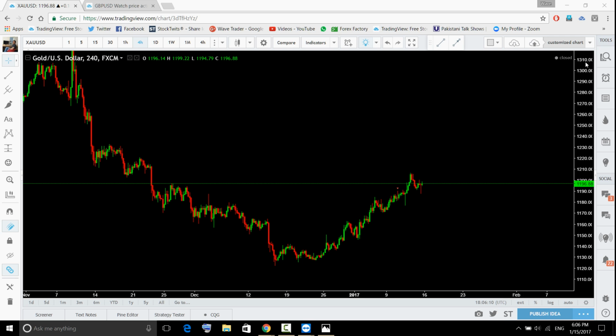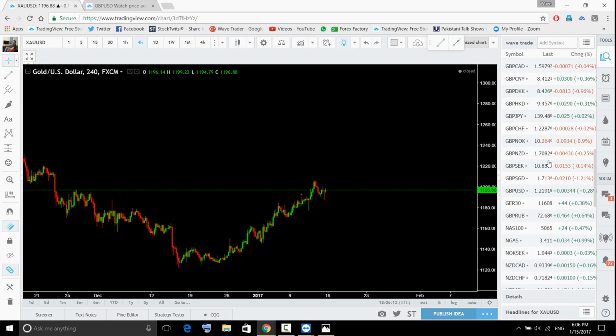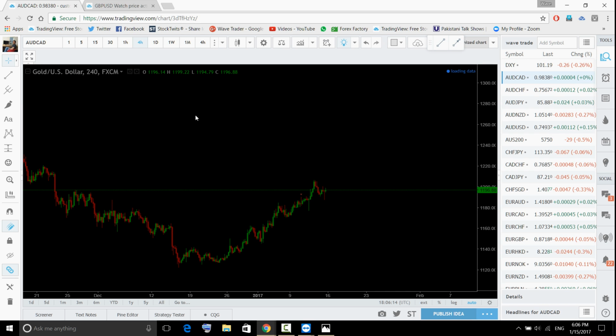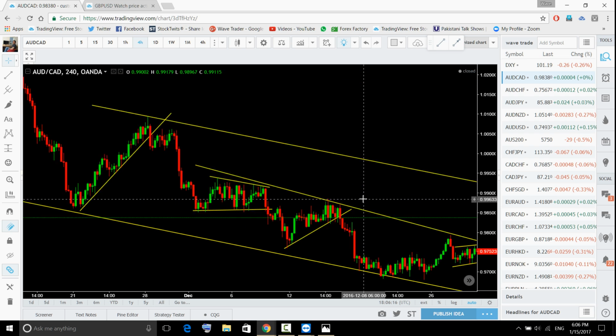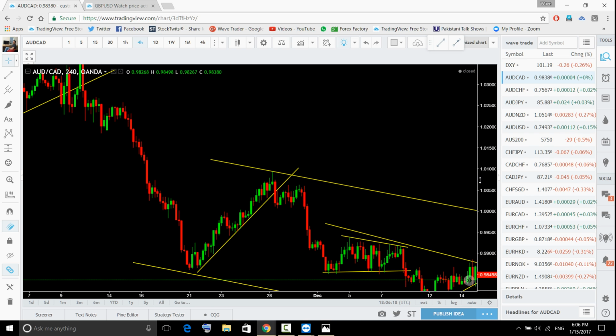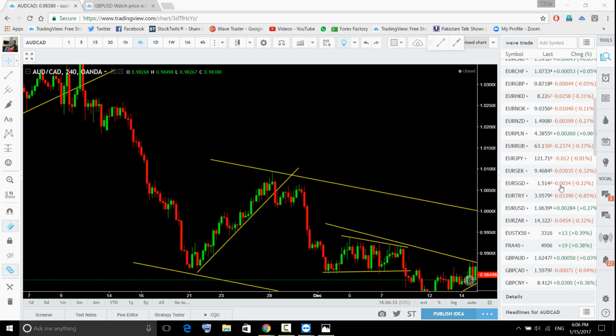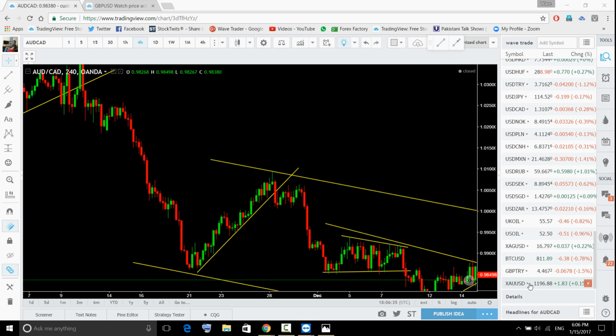A strong break seems like that, I have explained that to you as well. When this break comes on gold, then this will confirm that it is going to reverse to the downside, and we will get that very soon.